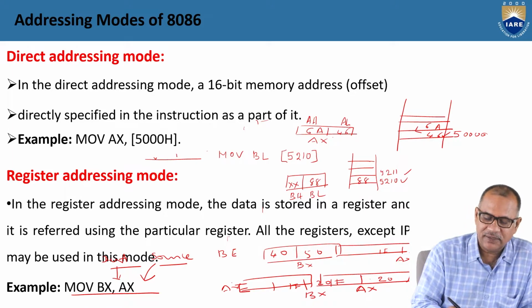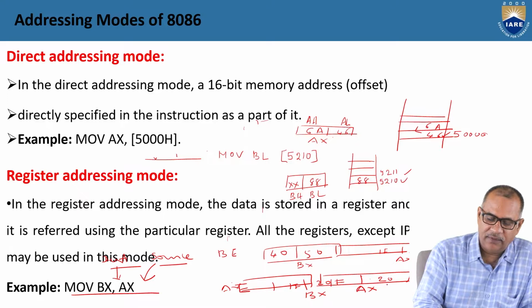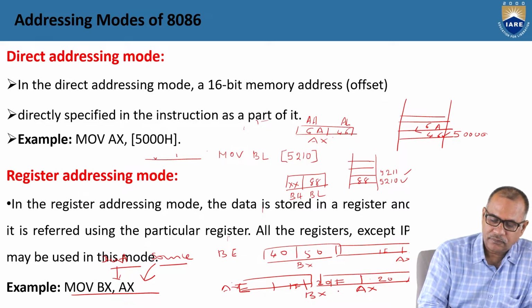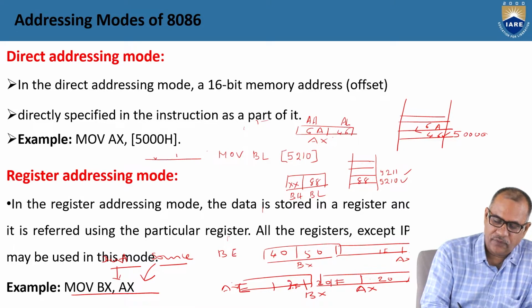When you execute this instruction, 20 is transferred to BL and 1F is transferred to BH. So that's how it is going to happen. So 20 goes to BL and 1F goes to BH.